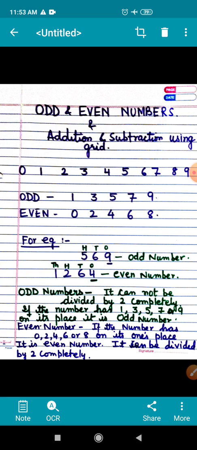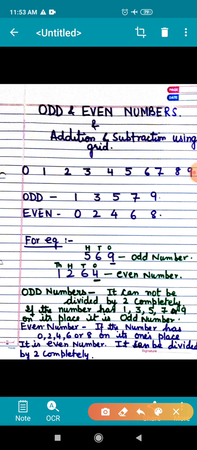this 1, 3, 5, 7 and 9 are considered odd digits. Children, when these digits come on the ones place of any number, then the number is considered to be an odd number.